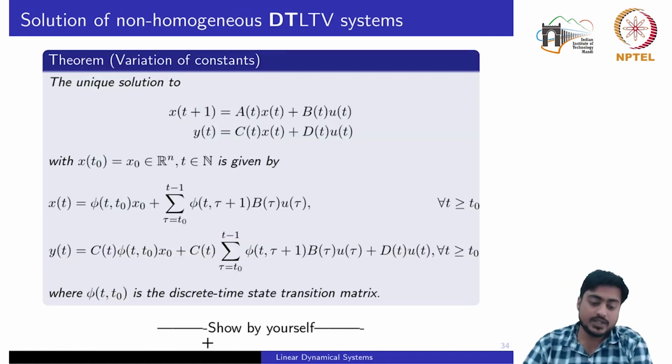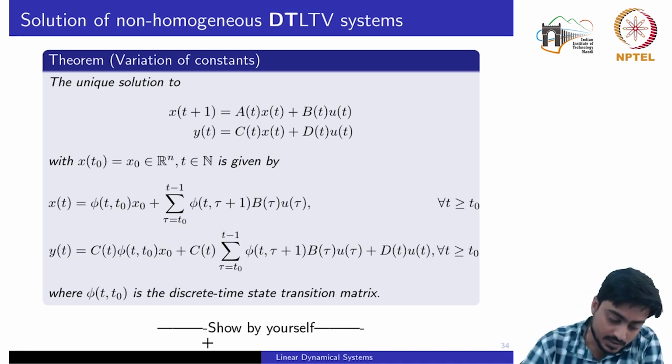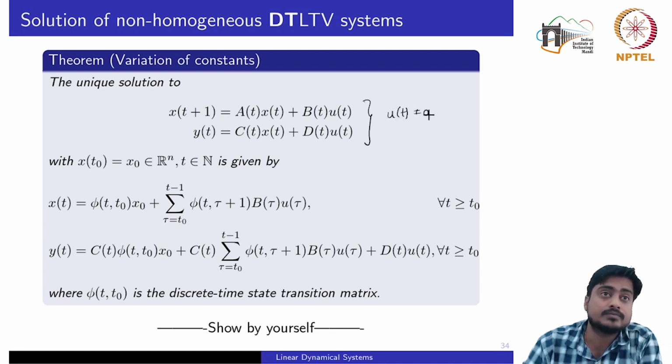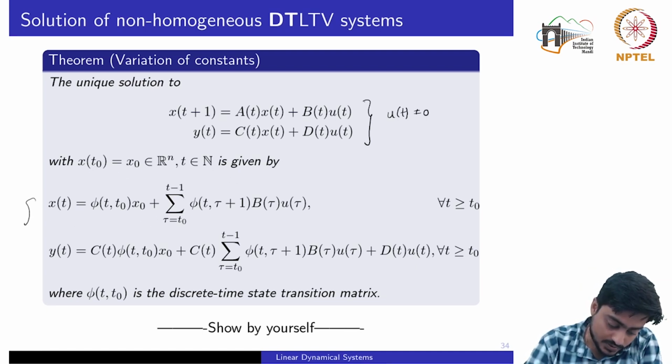Coming on to the non-homogeneous discrete time LTV systems. Again, using the variation of constants formula, given the non-homogeneous DT-LTV system. Non-homogeneous we mean to say that ut is present and is no longer 0, with x t naught equal to x naught, given by these two equations. If ut is equal to 0, similar to the homogeneous case, then the only solution is this one.